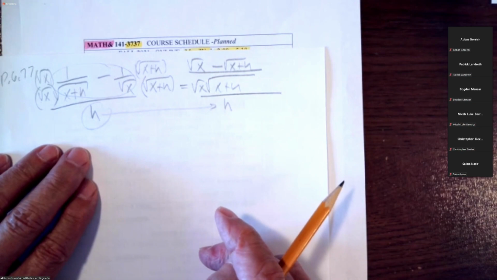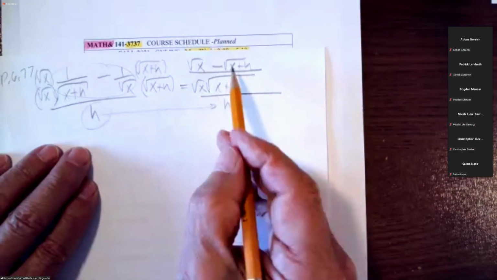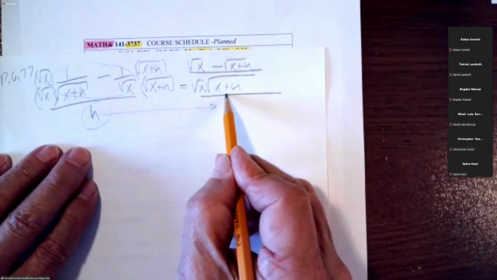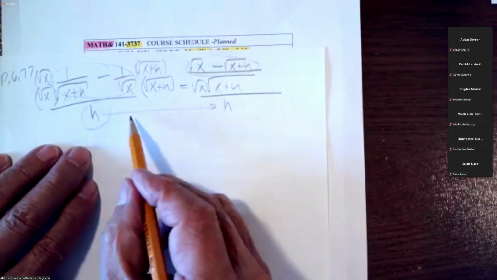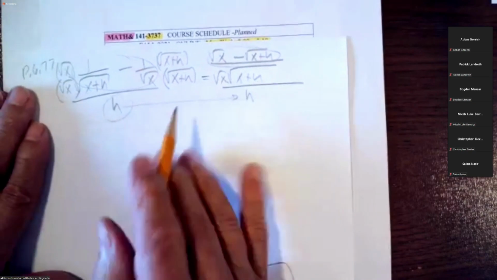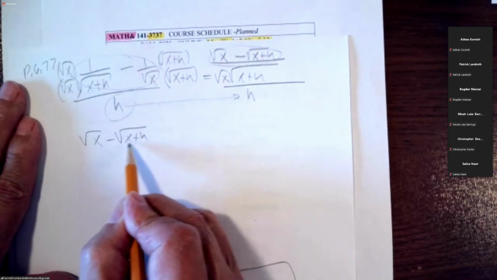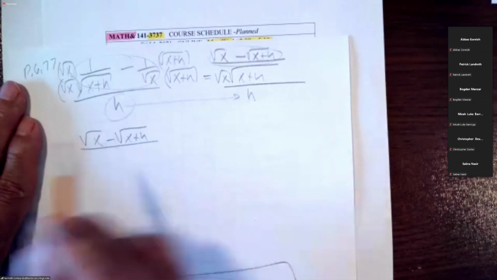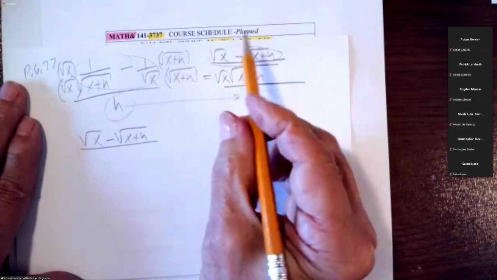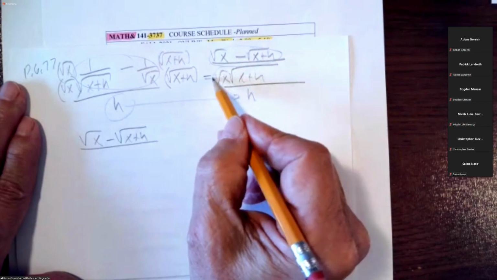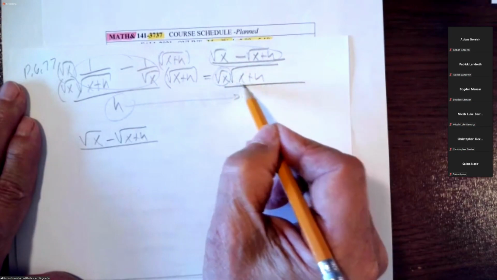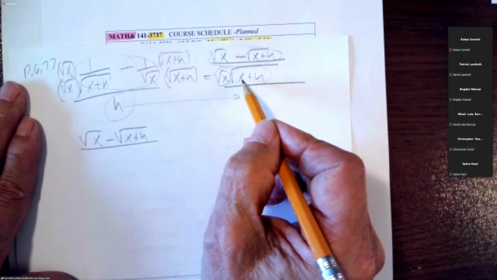Okay, all right, good. So let's do two things. One, we'll rewrite the numerator, and that's going to be root x minus root x plus h. And if I move this under the radical, what am I going to get?